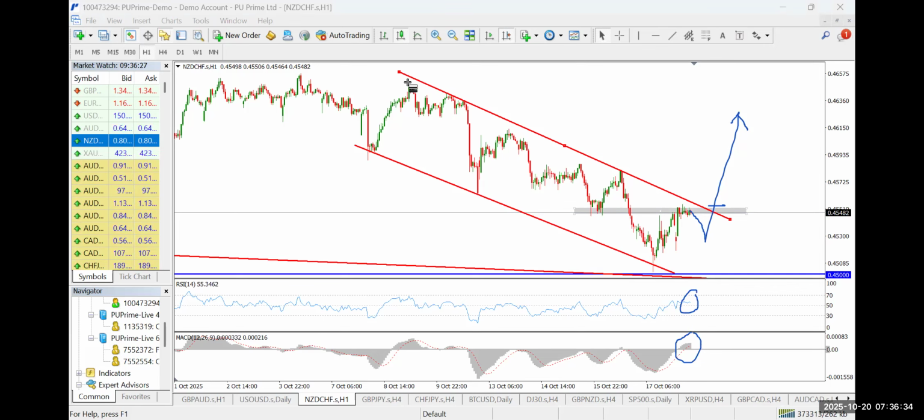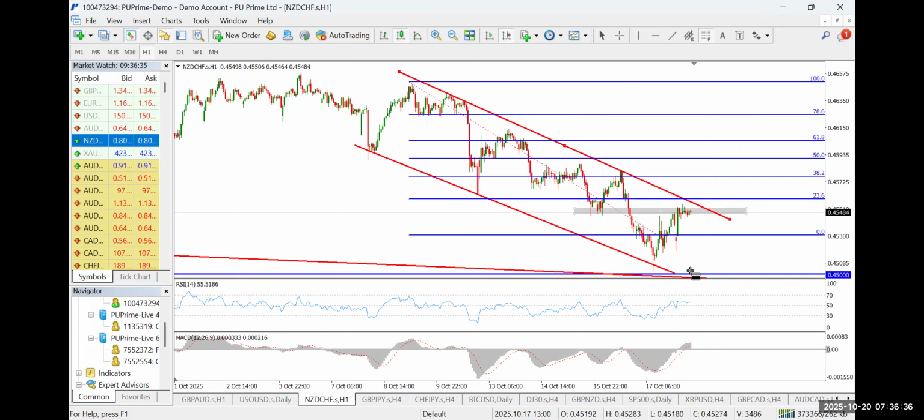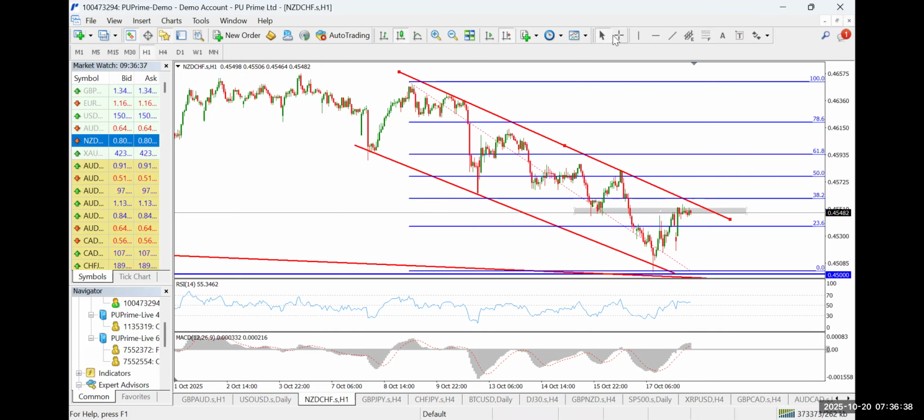For this particular one, let's assume our entry is around Fibonacci 39.8. Fibonacci 50 will give you about 15 pips, and Fibonacci 61.8 can give about 30 pips. That's still good. It's not bad for an intraday trade.